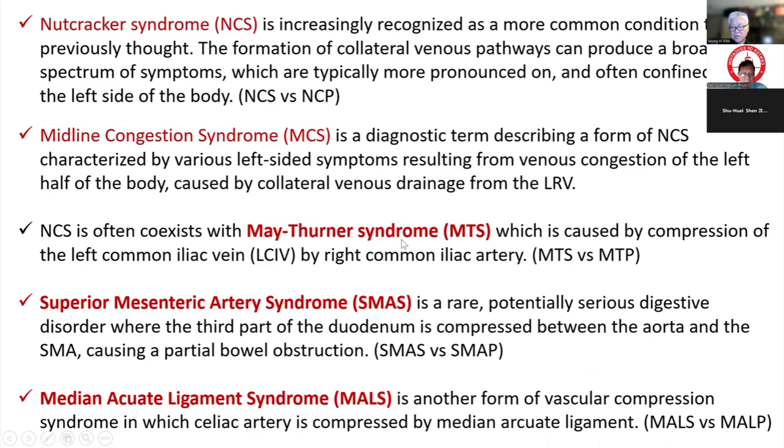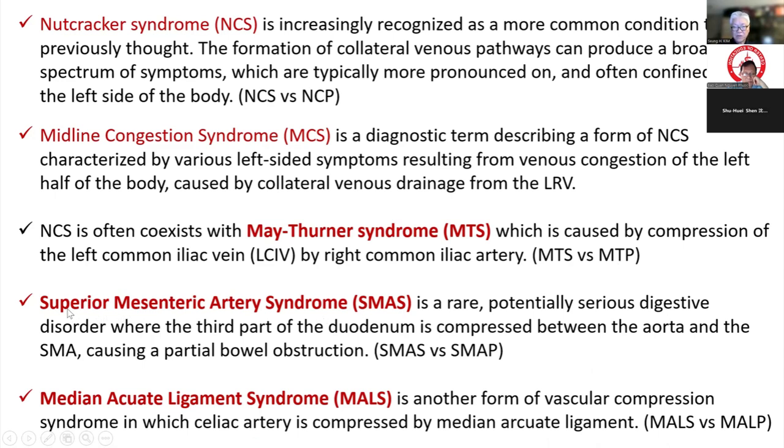Also, May-Turner syndrome is different from May-Turner phenomenon. May-Turner phenomenon is just a compression phenomenon, while May-Turner syndrome has symptoms caused by this May-Turner phenomenon.